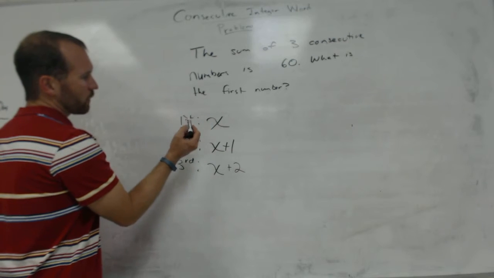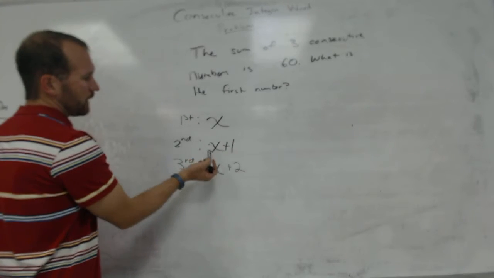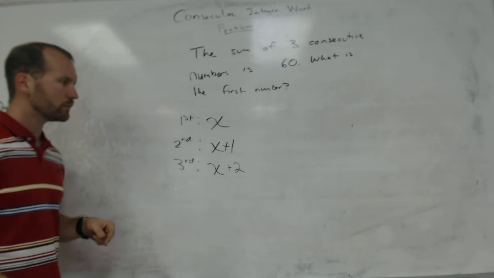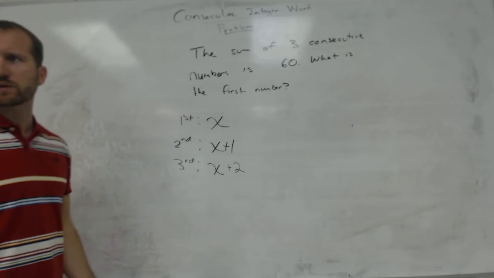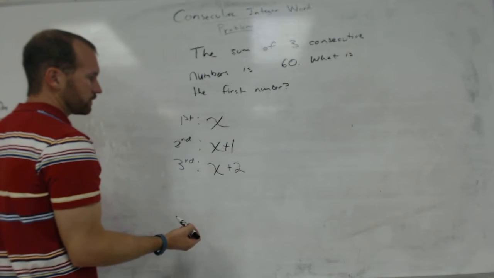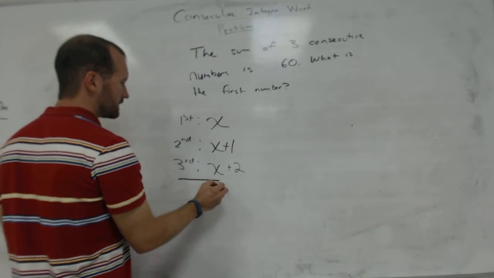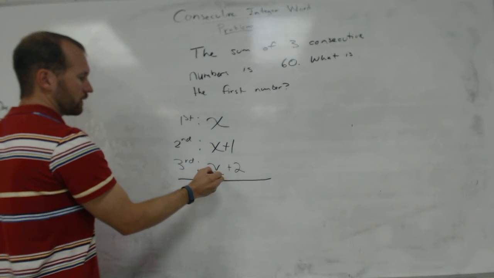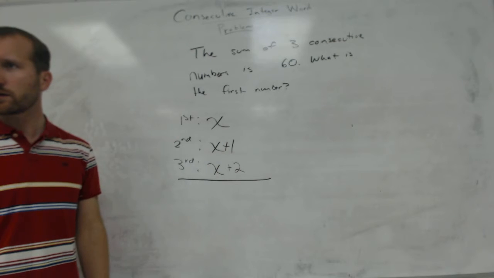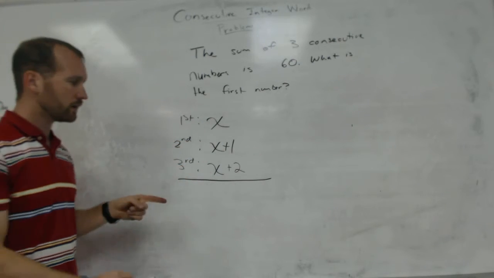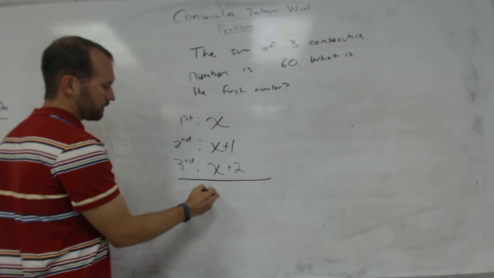Let's look back at this before we go on. X, x plus 1, x plus 2. Those look like 3 numbers that would be in a row, right? Alright, the sum. I have how many x's here? When I add these all together, what do I write here?